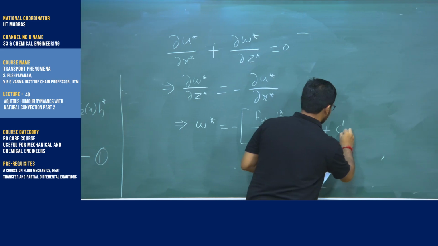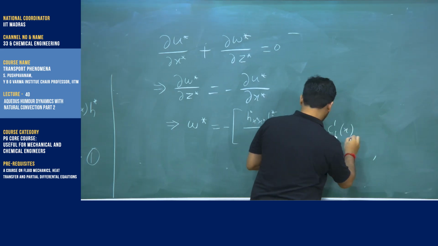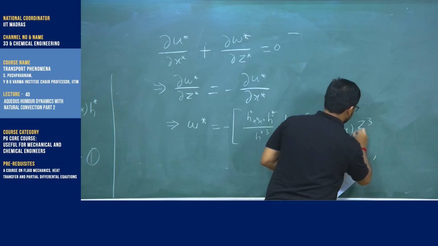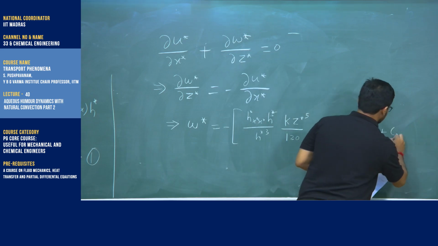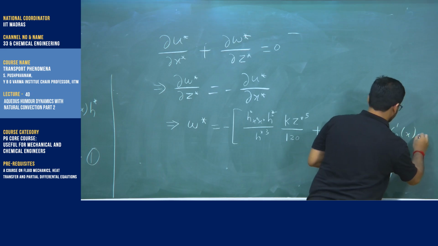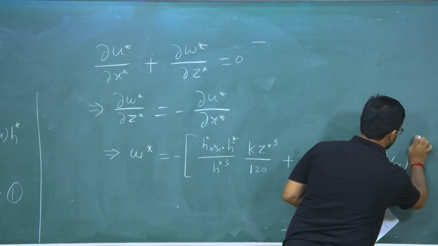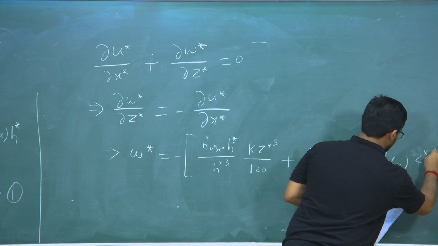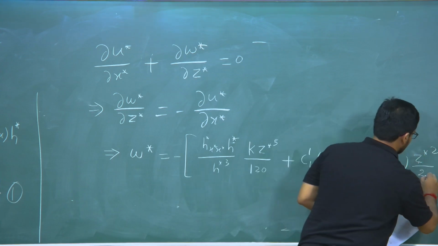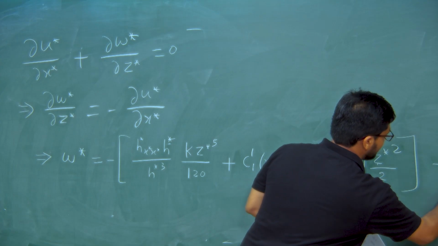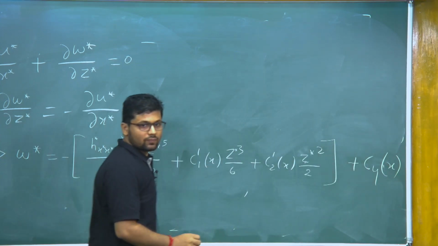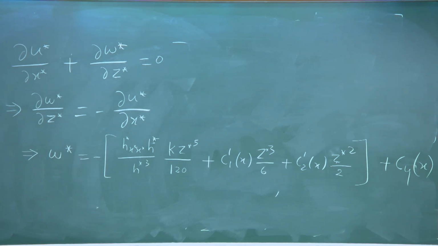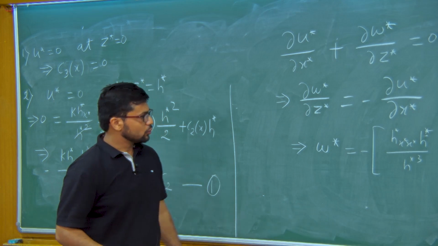So, it will come as C1 dash of x into z to the power 3 by 6 plus C2 dash of x into z star square by 2, and another constant will come which will be C4, which will also be a function of x. So, we are getting constants over constants over constants. So, this is the expression for W.